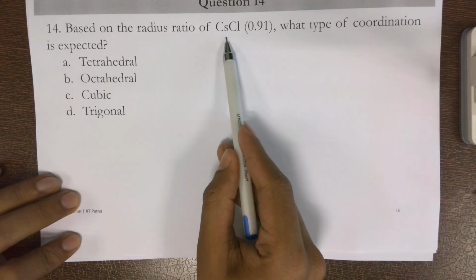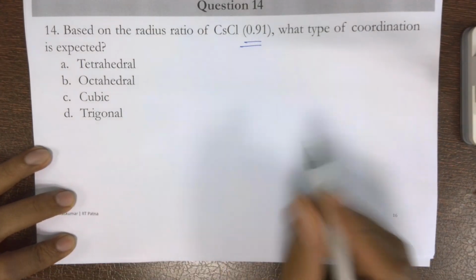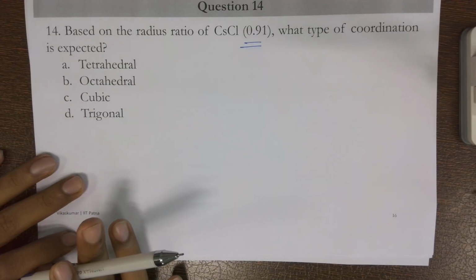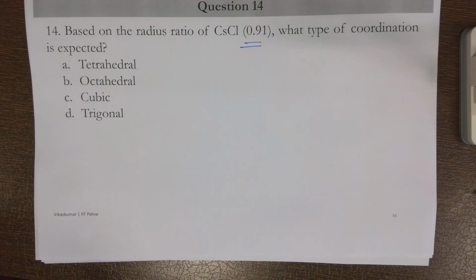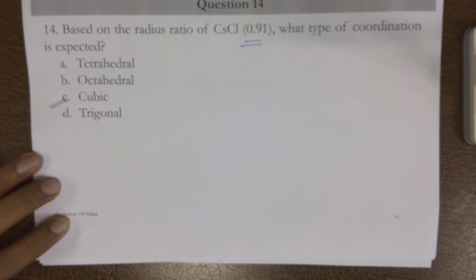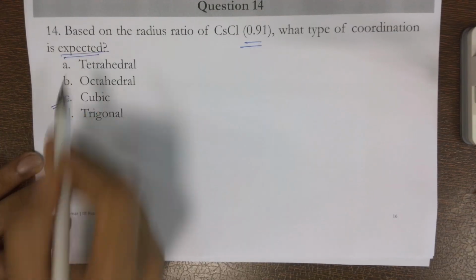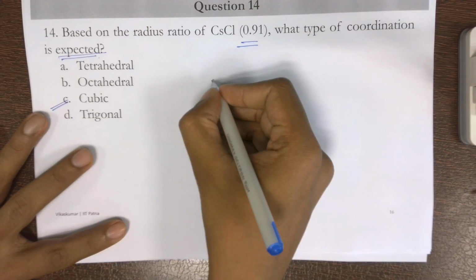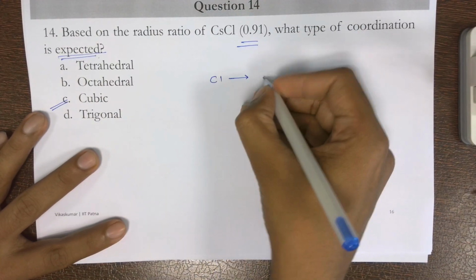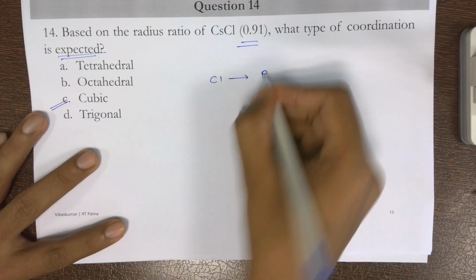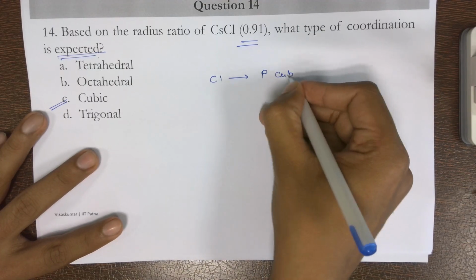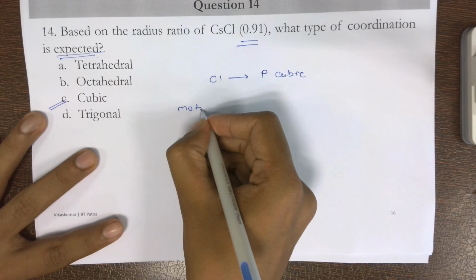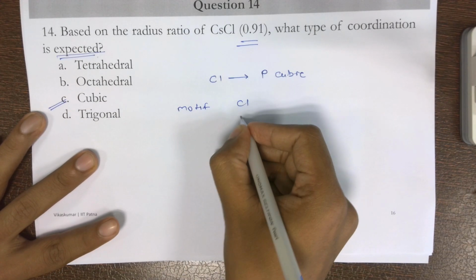The radius ratio of CsCl is given to us as 0.91. What coordination is expected? Very easy question. In this case also, we can consider the chlorine to form the lattice, and the Cs.